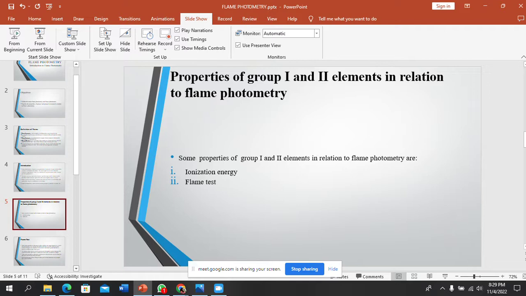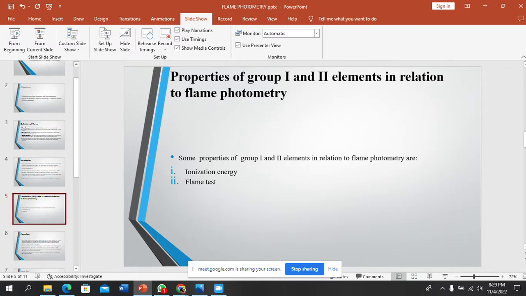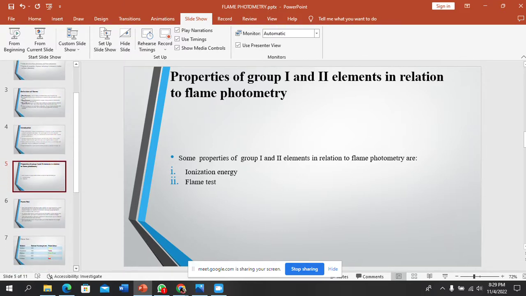Another property, Josephat. Okay, group one and group two elements, most of them will burn to produce different colors.